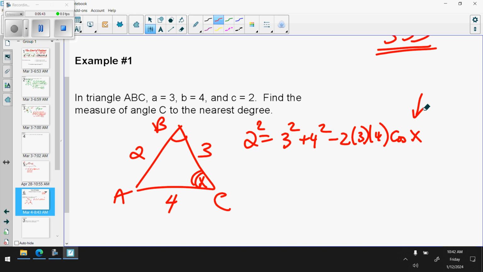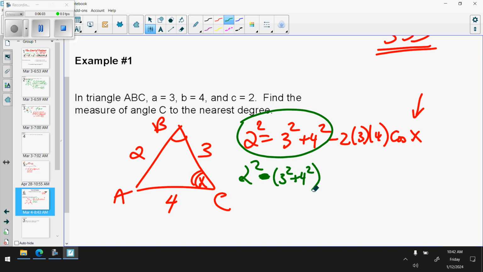When we're looking for the x, we can't just plug it all in our calculator. We're going to do it in 3 steps. The first step is this right here. I'm going to square the 3, square the 4, add them together, subtract it over. I like just doing this on my calculator: 2 squared minus 3 squared plus 4 squared.